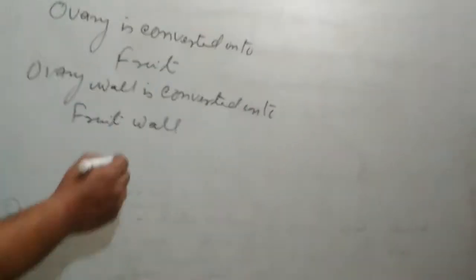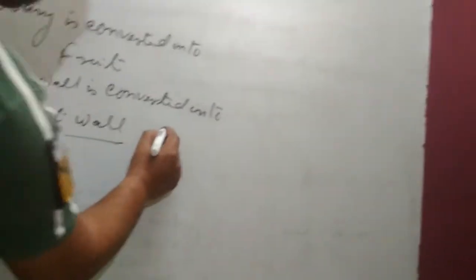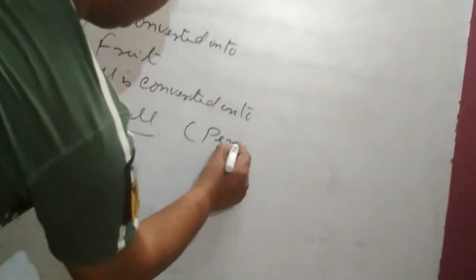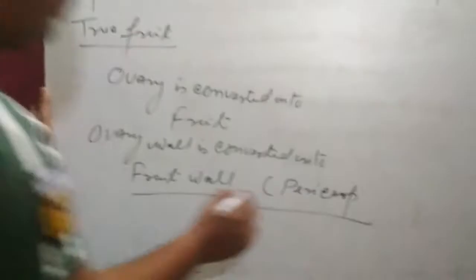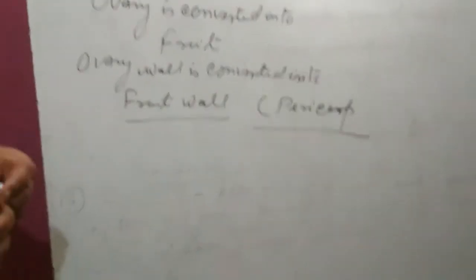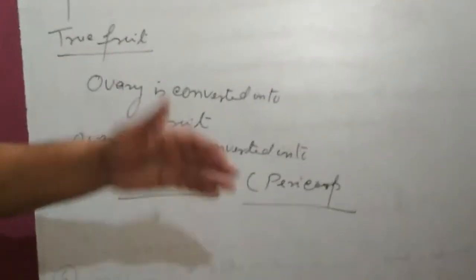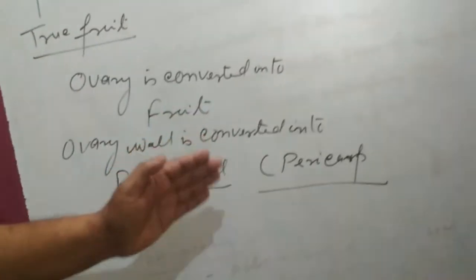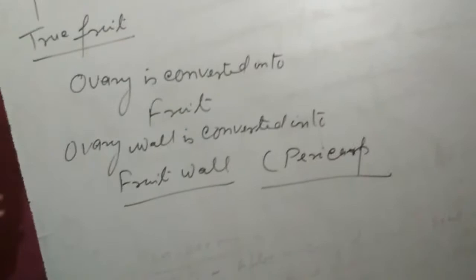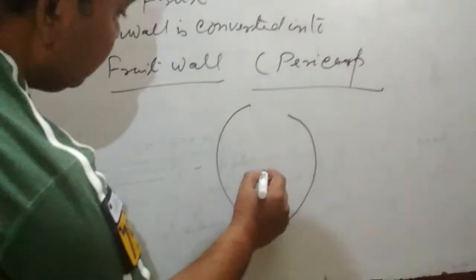And the fruit wall is called the pericarp. The pericarp is divided into three parts or three layers. Outermost is called the ectocarp, middle is called the mesocarp, and the inner one is called the endocarp. Suppose this is the ovary, a swollen ovary.